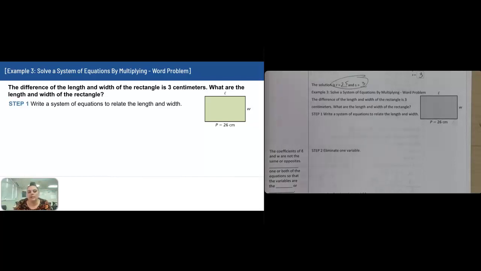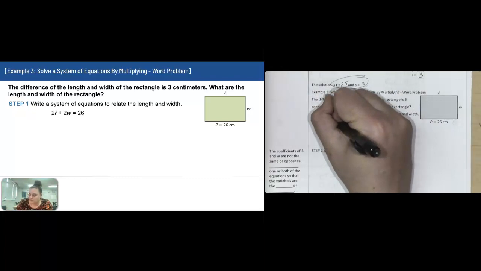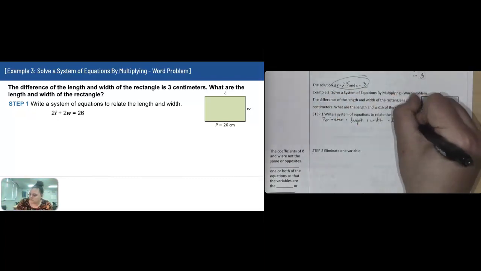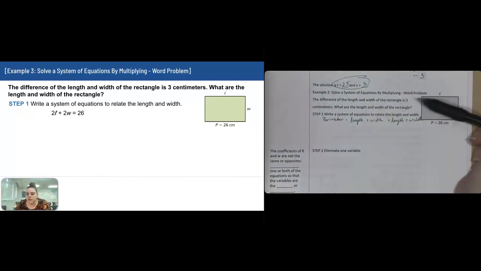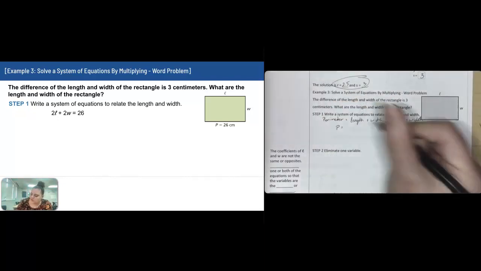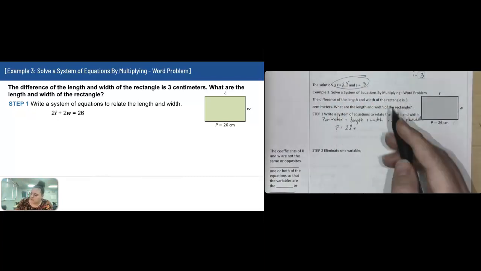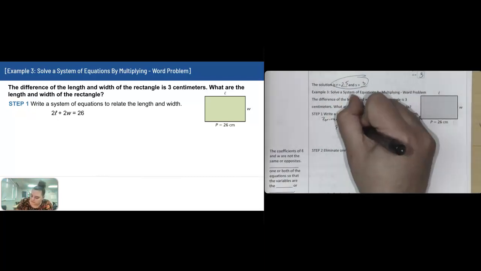So we can write a couple of equations to mimic this. First, to find perimeter, we know it's length plus width plus length plus width. So P equals, we have 2 lengths, 2L, plus 2 widths, 2W.